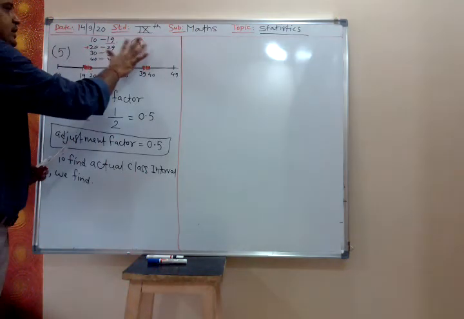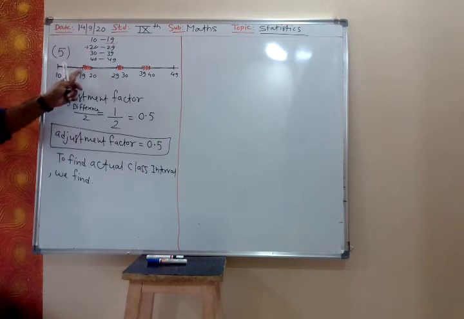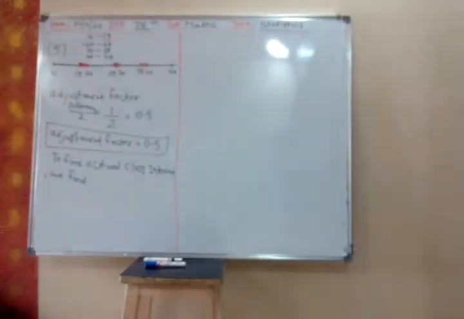So to make it continuous, we find the adjustment factor. What is the adjustment factor? Whatever is the difference between two consecutive class intervals, that difference we divide by 2.